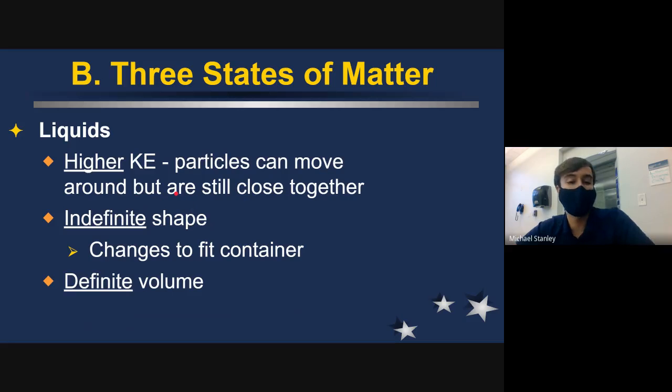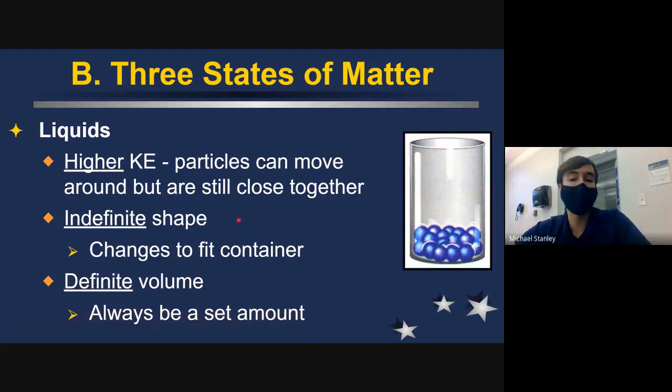So while they take up any shape that their container is in, liquids keep the same volume, the same amount of space that they take up. So there'll always be a set amount of their volume. So in our liquid here, before we had that tight block of particles, now all the particles are a little bit more spaced out. They're a little bit further apart from each other. They're moving around a lot more easily.